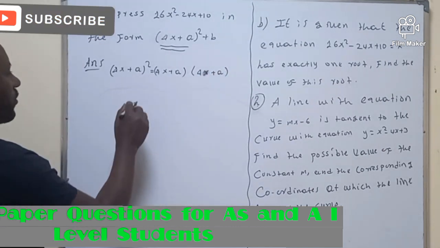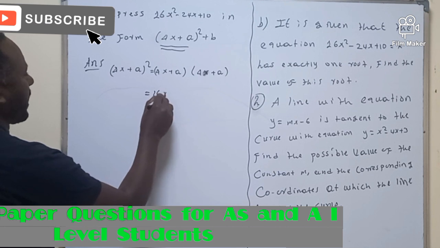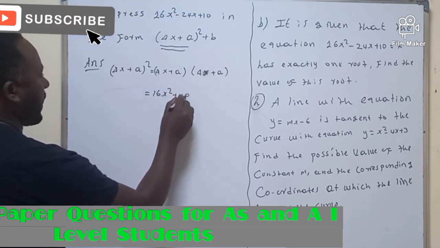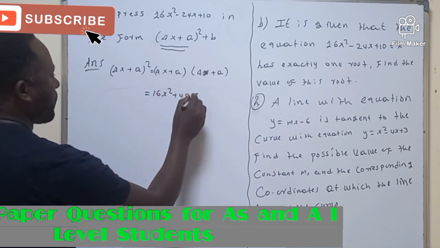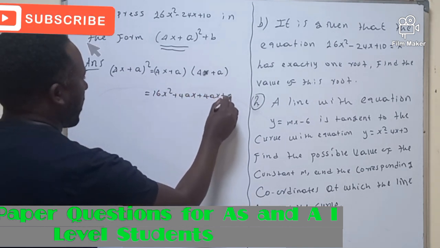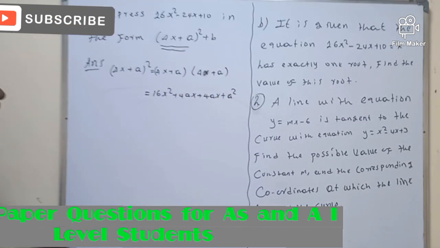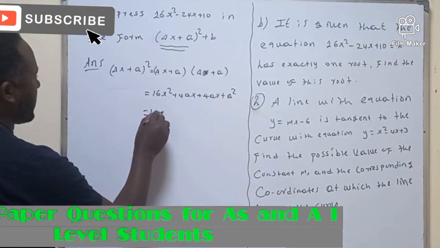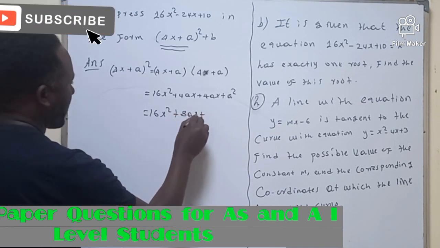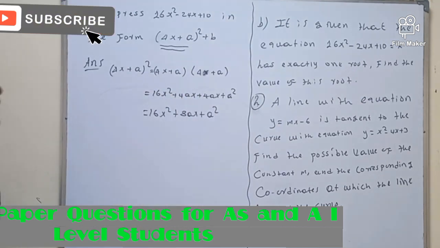So 4x times 4x is going to be what? 16x squared. 4x times a will be 4ax, plus a times 4x, 4ax, plus a times a will be a squared. Then this is exactly 16x squared plus 8ax plus a squared.